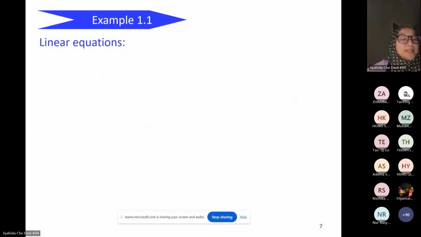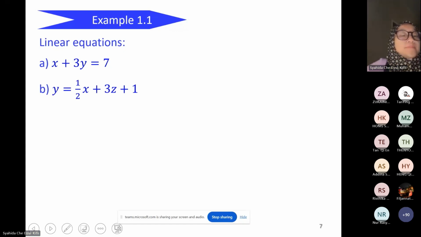And then examples. So here are some examples of linear equations. x plus 3y equal to 7. We can see straight away this is in the form of the general form of linear equation that we have seen earlier, with two variables, x and y. Okay, what about b? b is not really in the general form of linear equation, right?